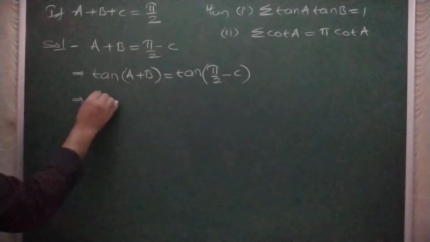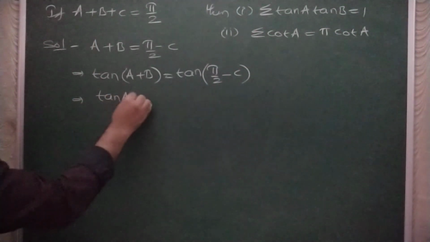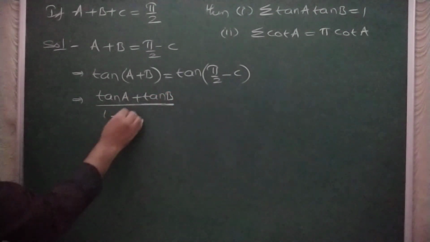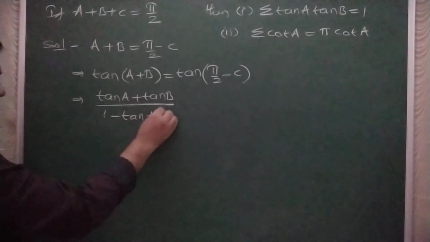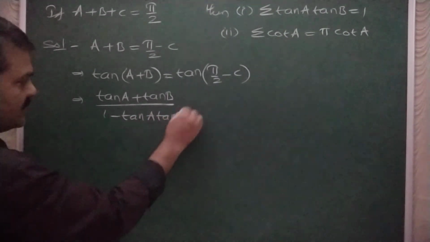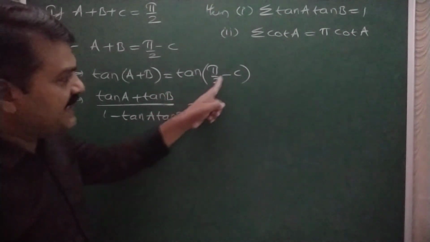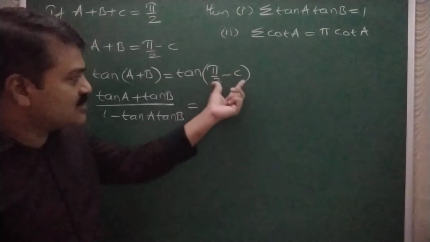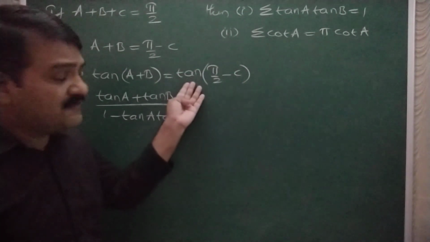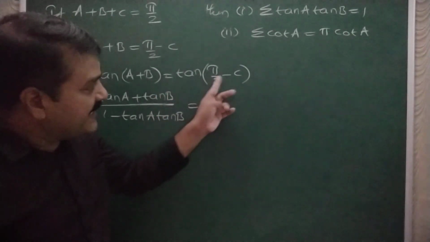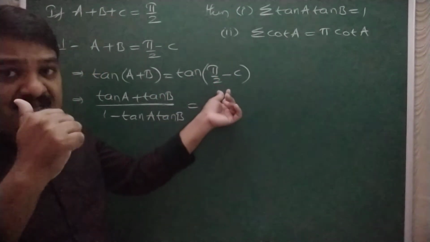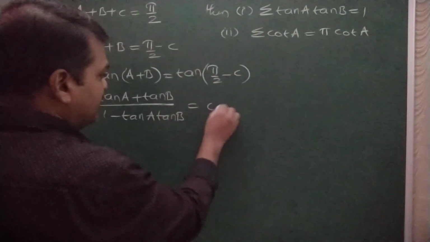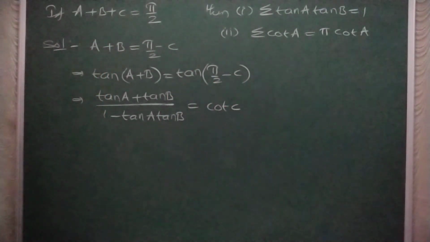So tan of a plus b, I am writing the formula: tan a plus tan b by 1 minus tan a tan b, and tan of pi by 2 minus c means this is the first quadrant actually, and in the first quadrant tan is anyhow positive. Since we have tan of 90 minus c, 90 is there means tan changes to cot. So tan of 90 minus c, you will get cot c.